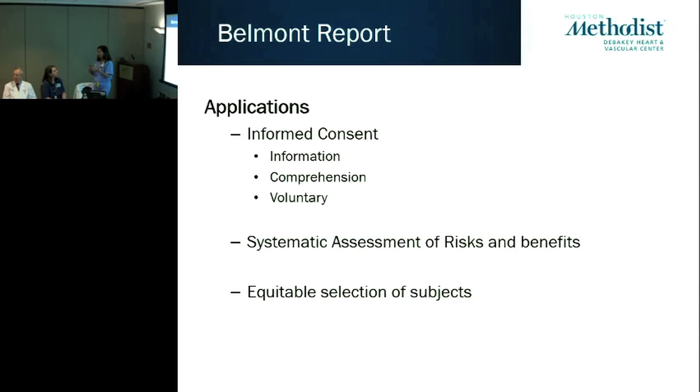You have to elaborate more on that: how does one outweigh the other? And you want to have an equitable selection of your subjects, too. You don't want to just say, I'm going to pick these patients because this is going to make my study results look good. You want to pick all patients that are qualified for the study.